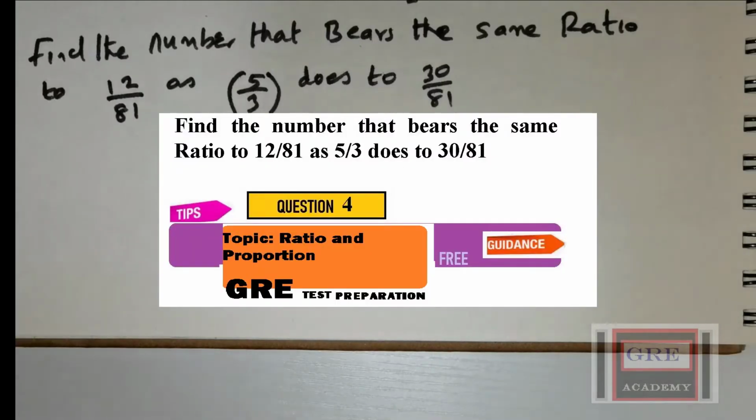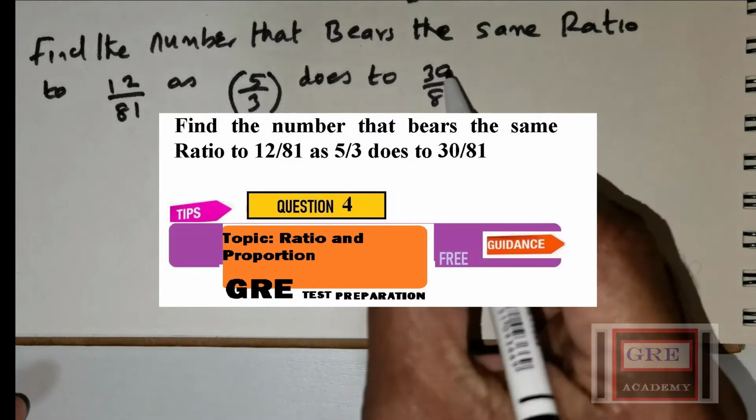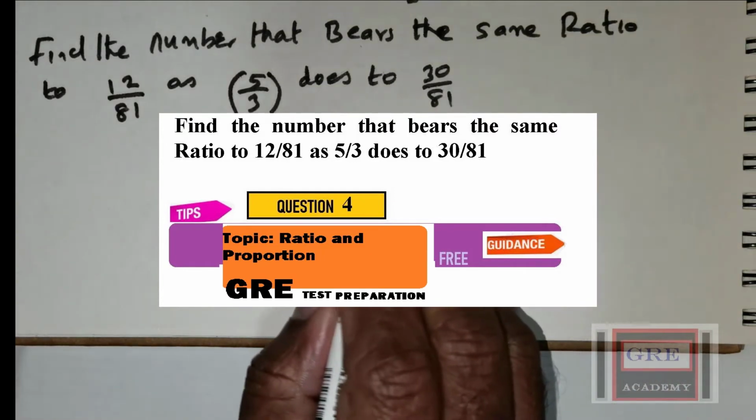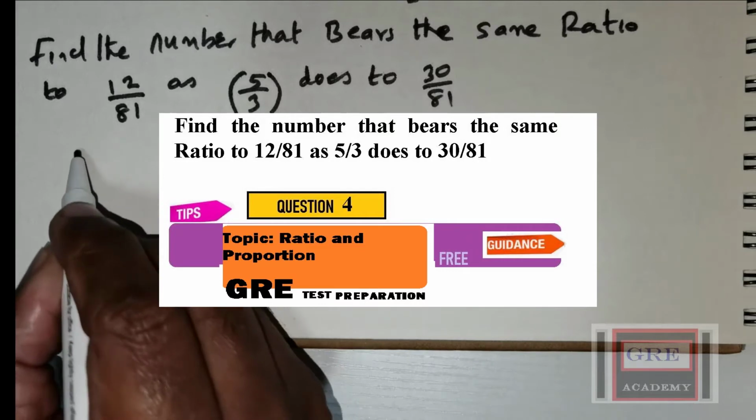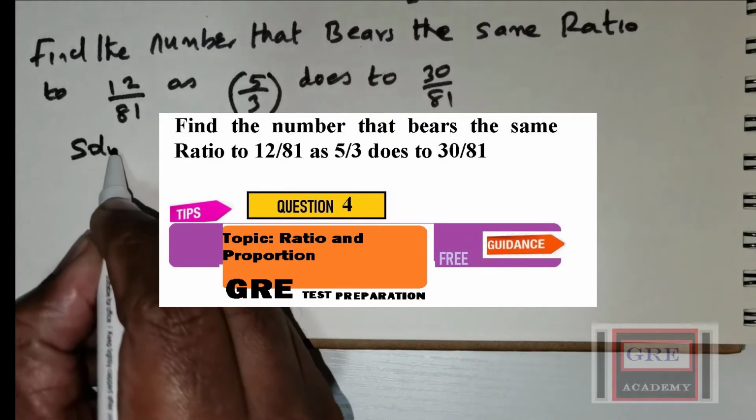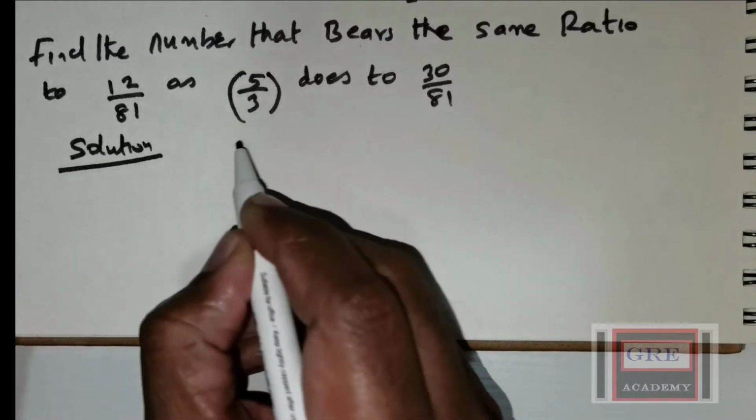Students, we are given this question. Find the number that bears the same ratio to 12 divided by 81 as 5 divided by 3 does to 30 over 81. So this is the question that is given. So first, let us start the solution in the following way.